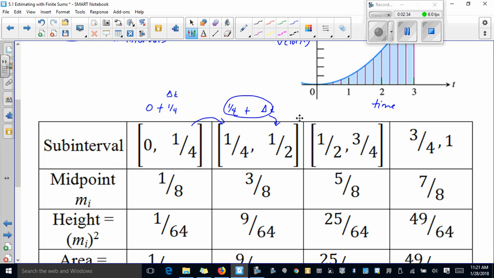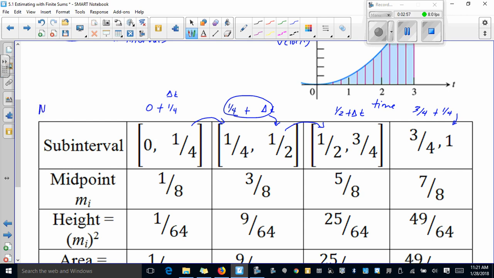I'm doing a midpoint, so this is called MRAM, midpoint rectangular approximation method, but it's also just called Riemann sums, so I need you guys to know what that word is. We're doing the midpoint, and the midpoint between these two is 1/8. Since we're starting at 0 and going to 1/4, that one's an easy one to do.